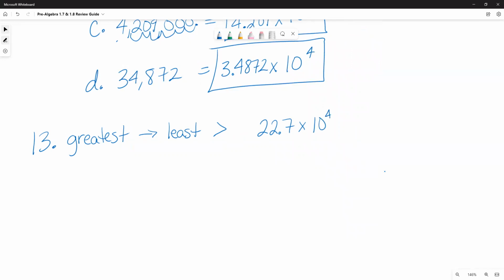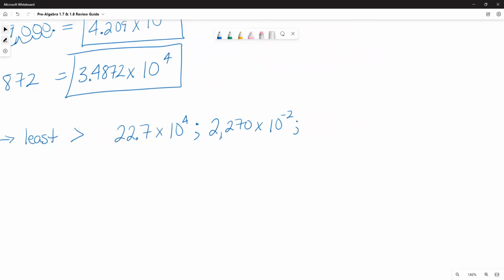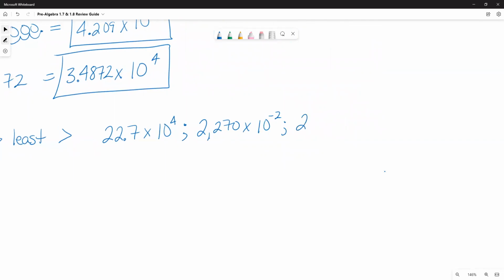Because these are not technically in scientific notation. Obviously 22 is larger than 10, and 2,270 is much larger than 10. So these are not fully in scientific notation. 2.27, this one is 2.27 times 10 to the power of 0.